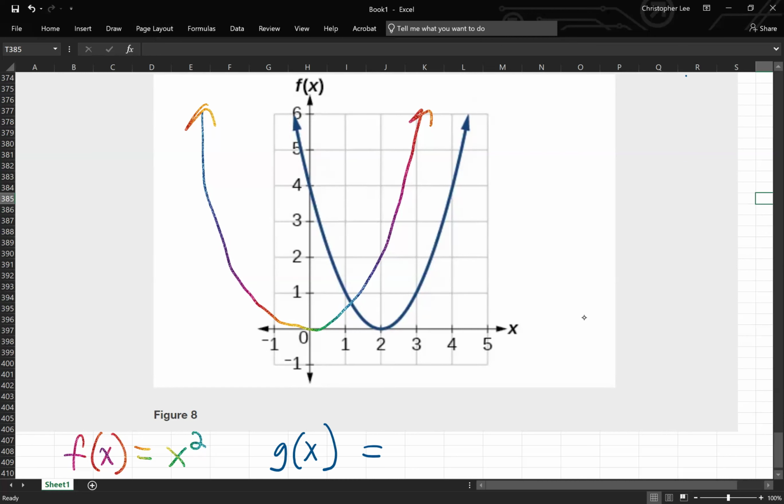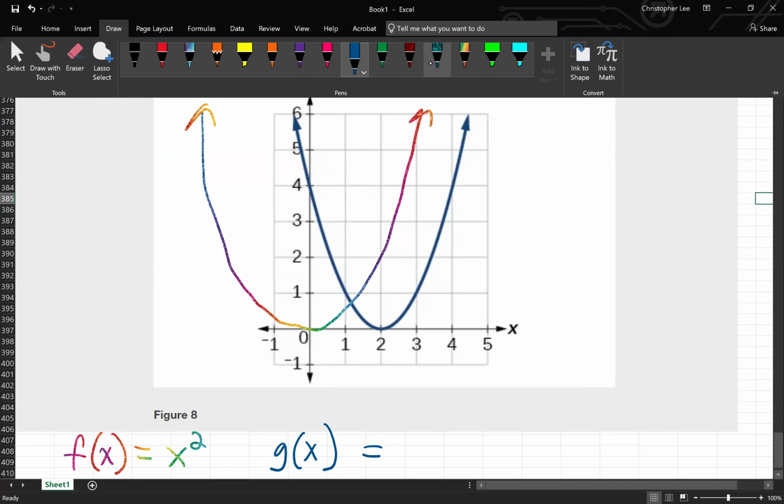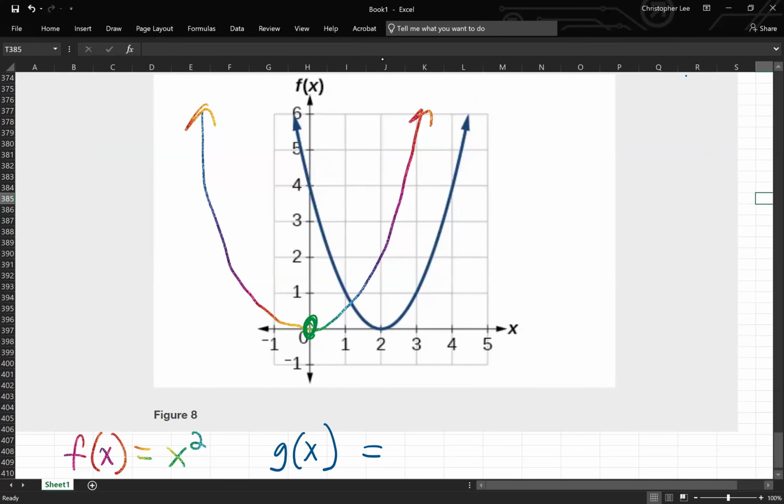So I want to know what is the equation? Here's what I want you to focus on. Let's go with the green one right here. In the original function, that's the origin, 0, comma 0.